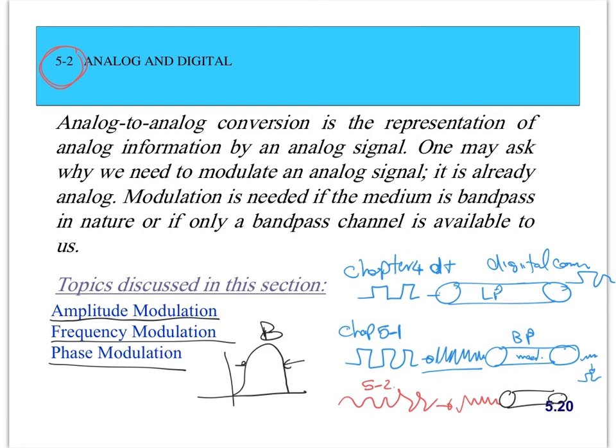So here again, we're talking about an analog input signal. We convert it to analog again, and we transmit over the medium. So again, the other question is, why do we have to convert analog to analog? Does anyone know the answer?